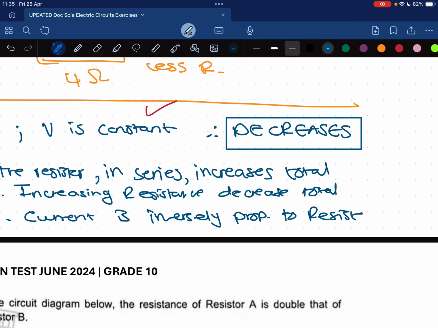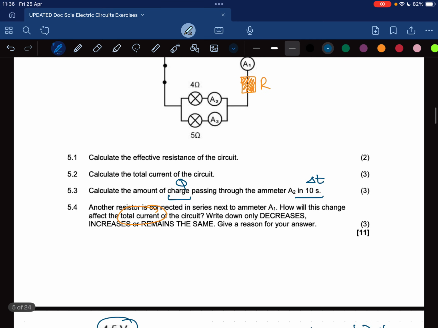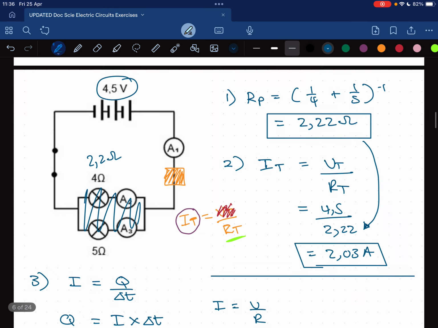So you either write that they're inversely proportional or you give the formula provided that V is constant. Okay, so that is the answer for the whole of question 5 from 5.1 to 5.4.